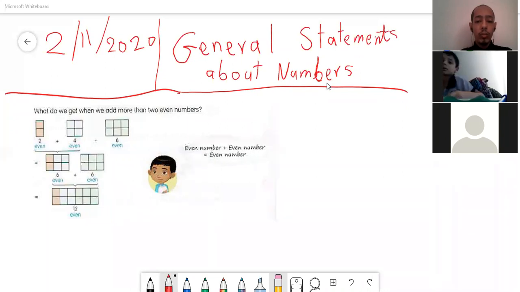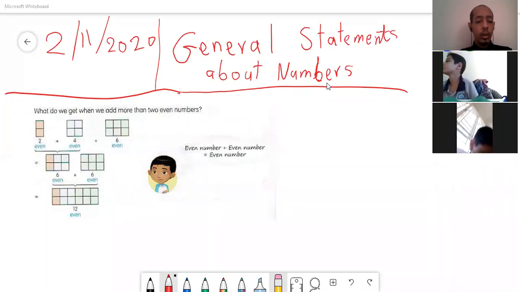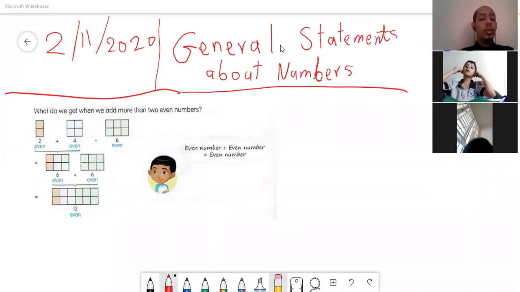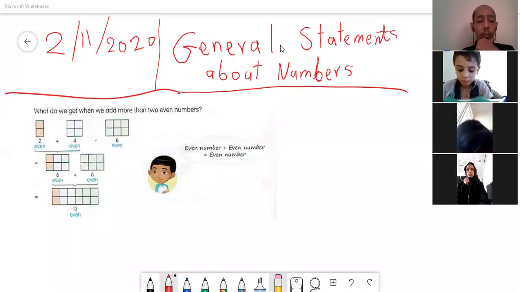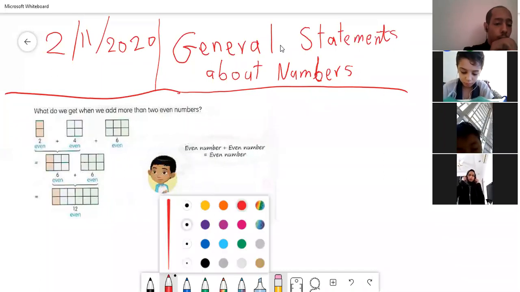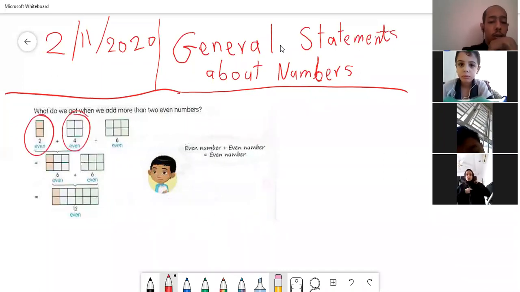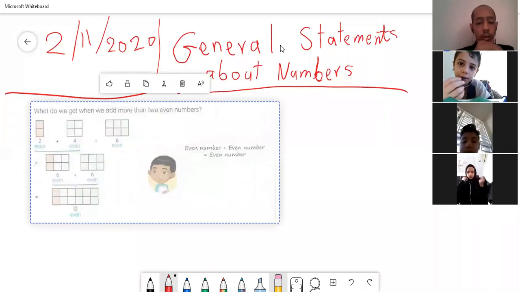So let's get started with the first statement. Here is a question. What do we get when we add more than two even numbers? If you look here, we have 2, 4, and 6. All of them are even numbers, right?